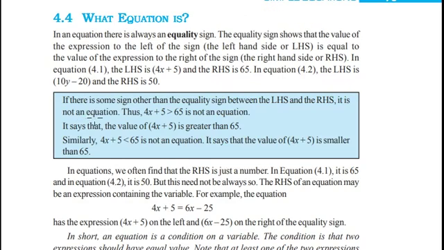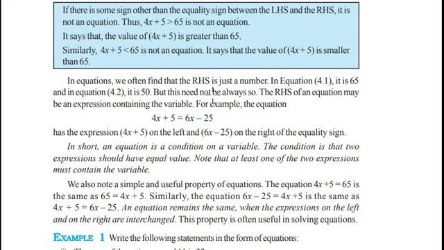If there is some sign other than the equality sign between the LHS and the RHS, it is not an equation. 4x plus 5 greater than 65 is not an equation. This is an inequality. Or if the expression is 4x plus 5 less than 65, it is also not an equation. This is an inequality. Here we are saying 4x plus 5 is less than 65.